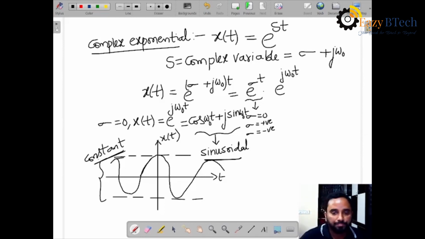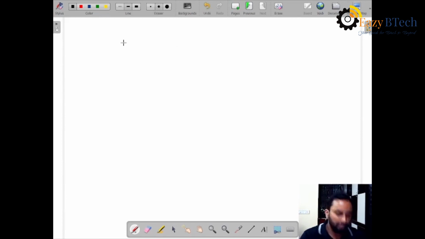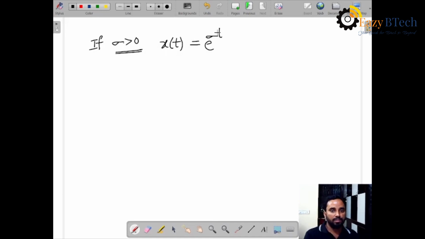Now case 2. What is case 2? Sigma is positive. If sigma is greater than 0, then how is x of t? X of t is e power sigma t into e power j omega naught t. So what is e power sigma t? Already we discussed, it is a real exponential.